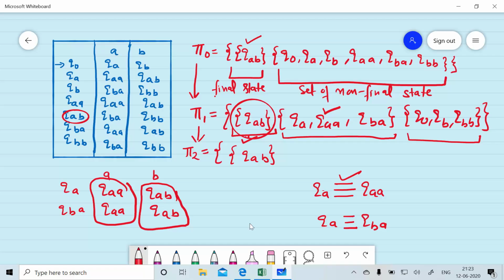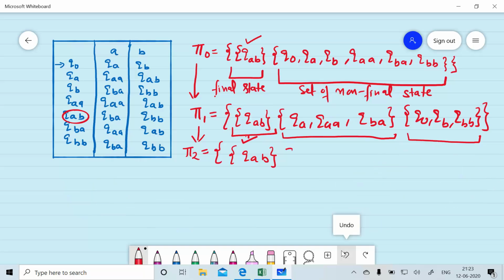QA and QBA are equivalent. So we can say QA, QAA and QBA are equivalent, so they will be present in the same set in pi 2.